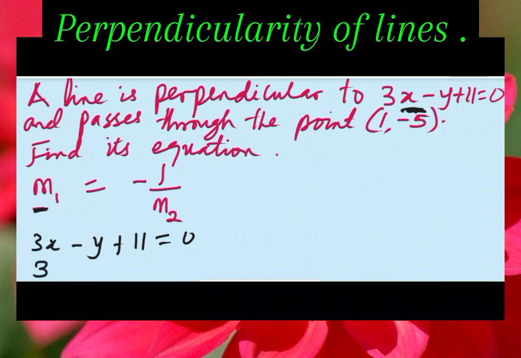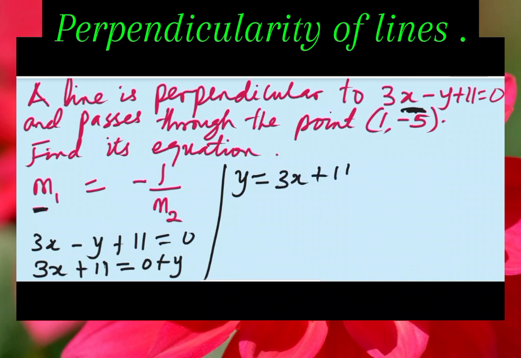This is the same as 3x plus 11 is equal to 0 plus y. Good. So this can be written as y is equal to 3x plus 11.